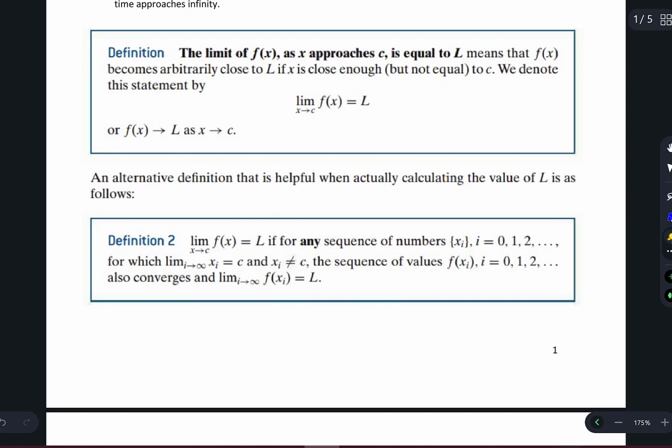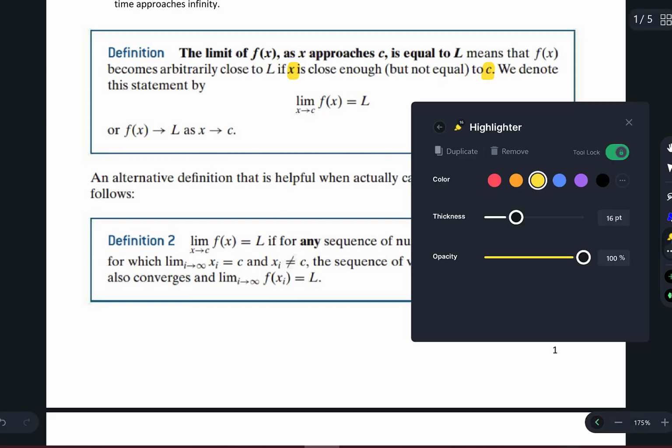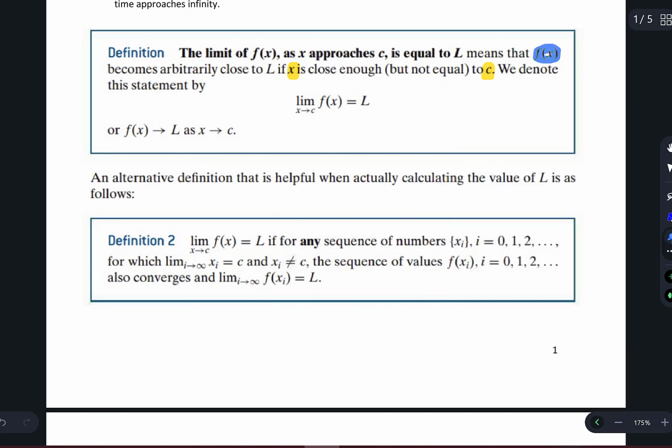So one way to think about this is x and c, those are both inputs to the function. So we're saying as the input x gets really, really close to some value, the output, which is f of x, is going to get really close to L.